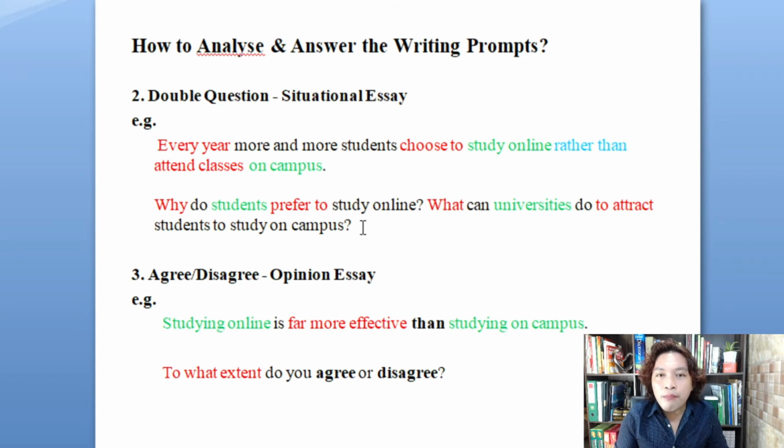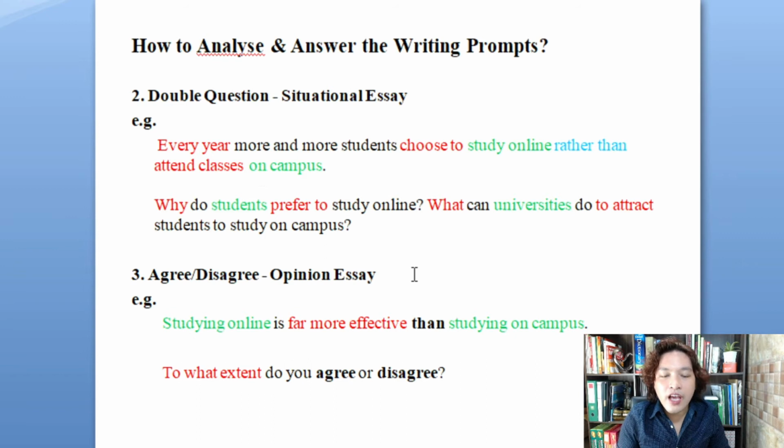But remember, you need to compare and contrast. Why do students choose to study online rather than attending classes on campus? You need to compare and contrast that in your essay. It has to be visible in your essay. That is your task.